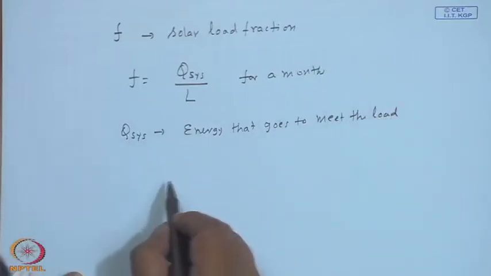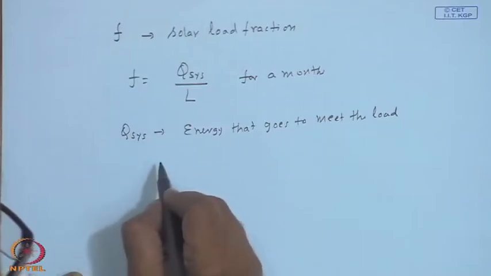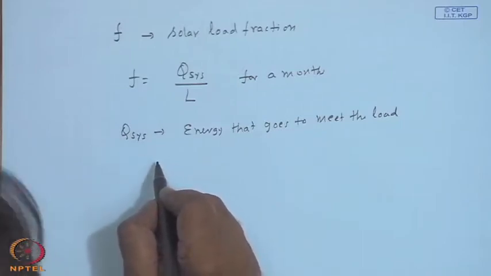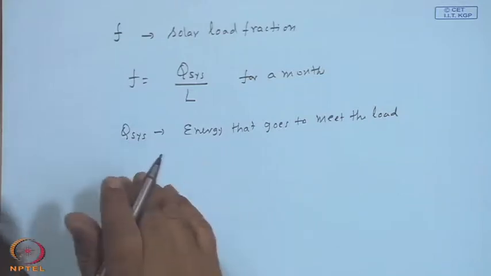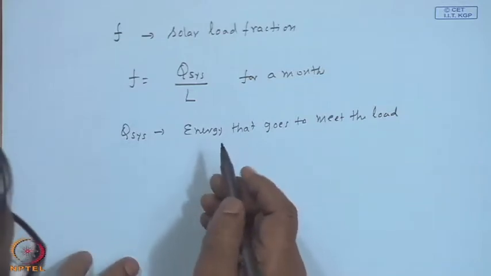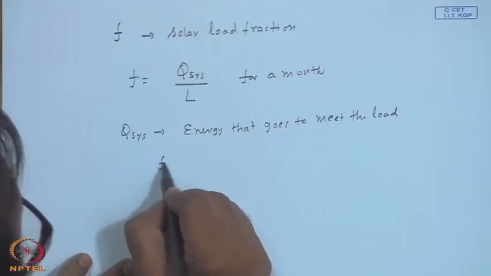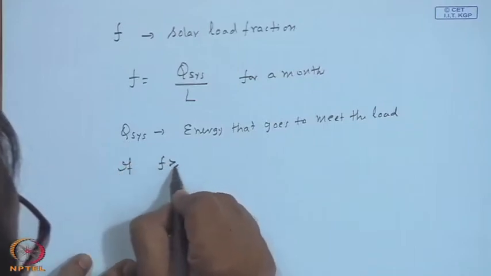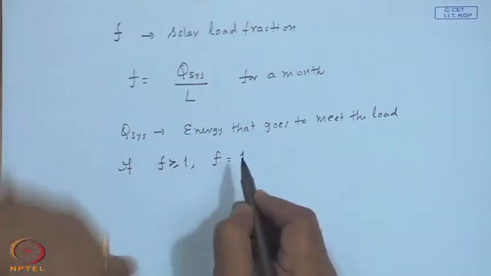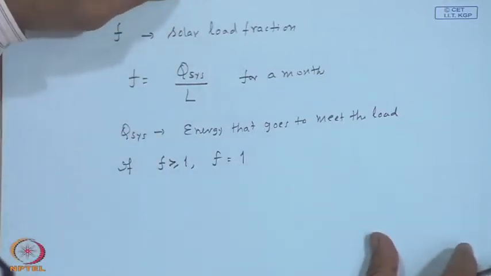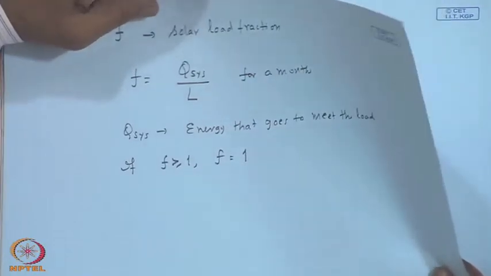I can even put a condition: if F is greater than or equal to 1, set F equal to 1. That means the solar load fraction cannot be more than 1, even if the collector is capable of supplying higher than the load required.